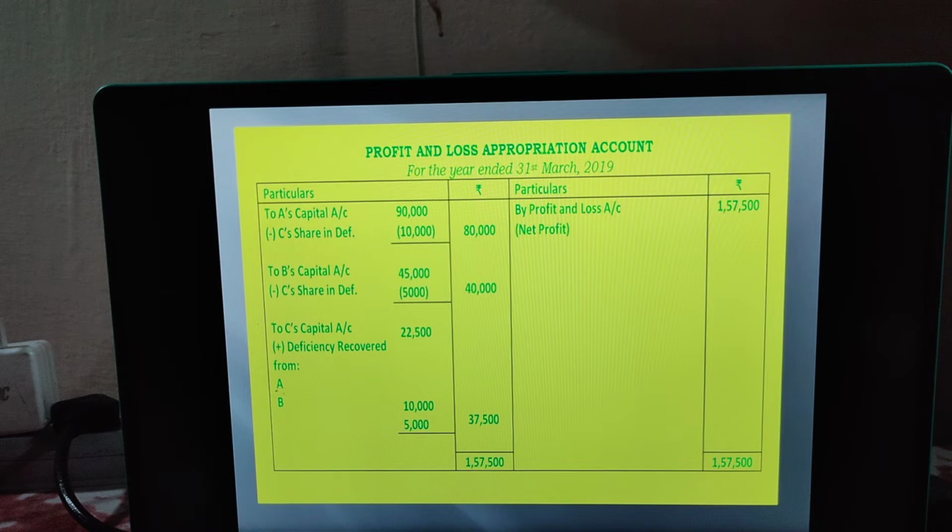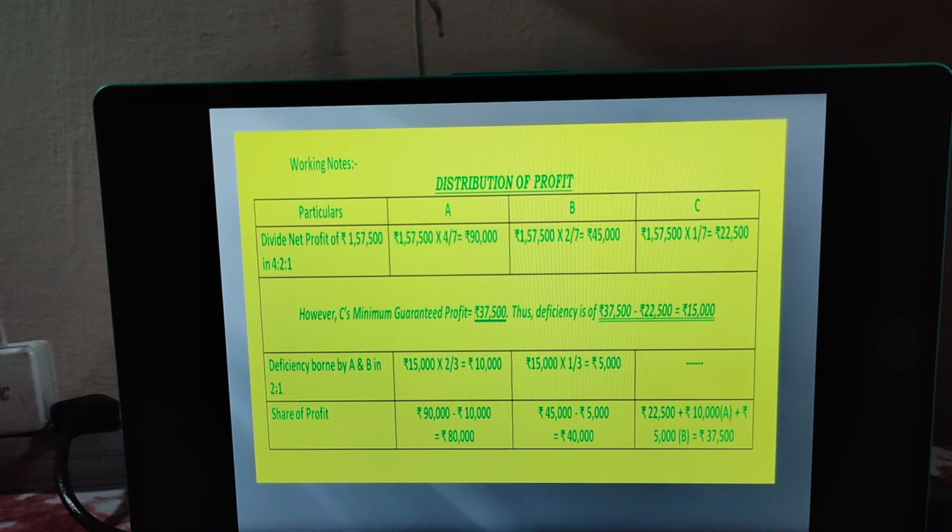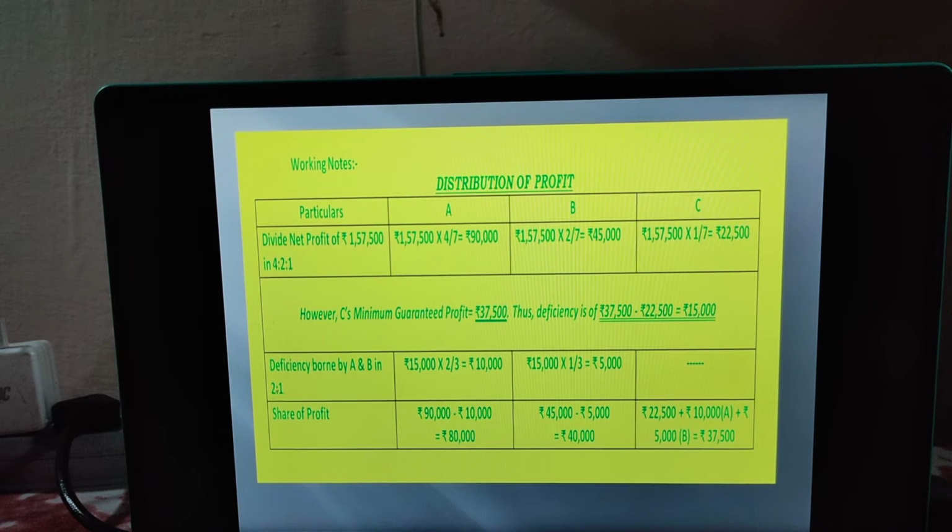Now see here, distribution of profit. Divide the net profit of 1,57,500 in the ratio of 4:2:1. See, A is getting 90,000, B is getting 45,000 and C is getting 22,500. Now the next point, however, C's minimum guaranteed profit is 37,500. So how much is the deficiency?